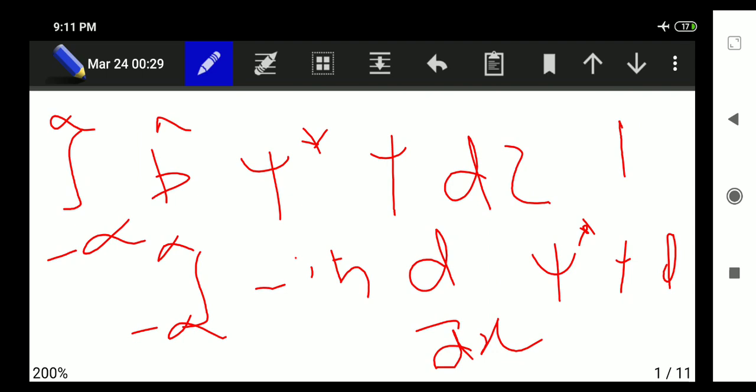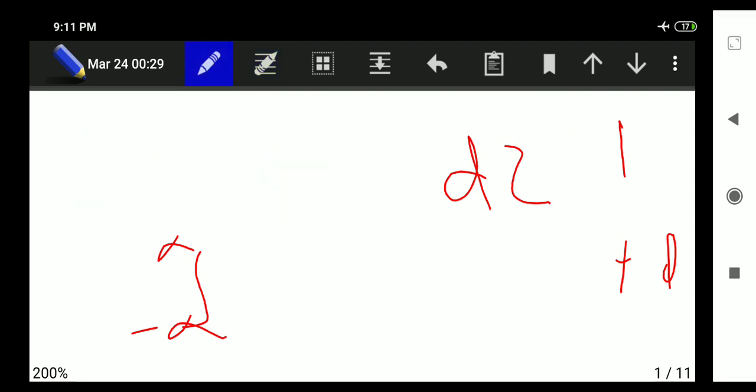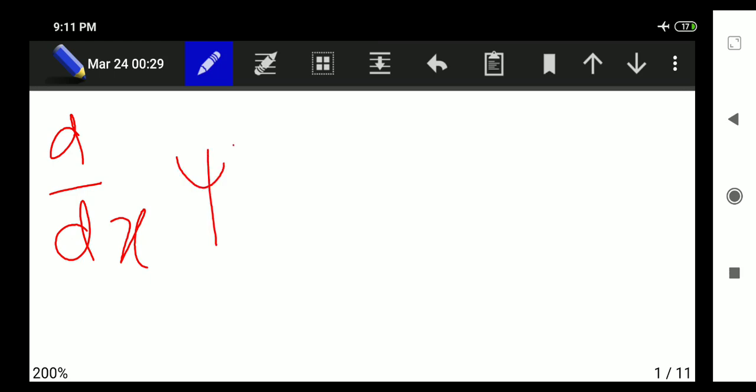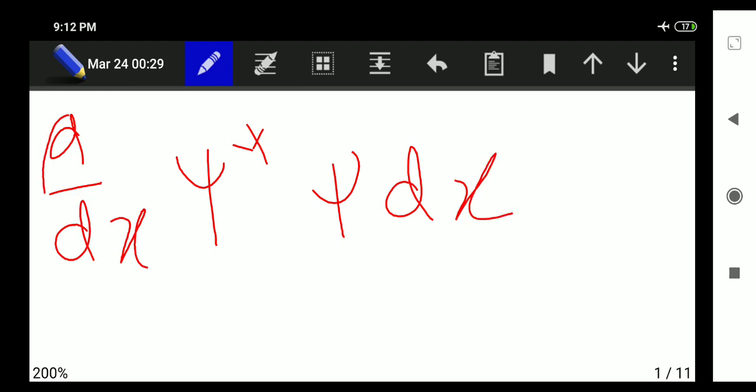so in that case, what happens is you have the thing like d/dx, with the minus and h cross outside, the integration, then you have psi star psi dx, and you have the integration here.